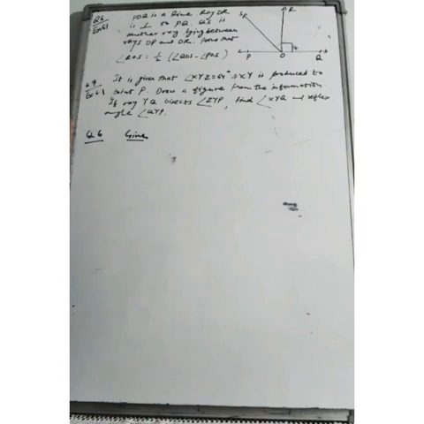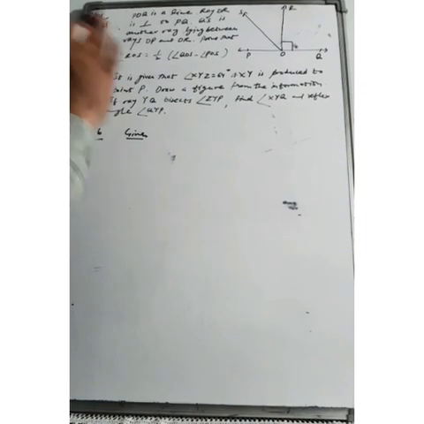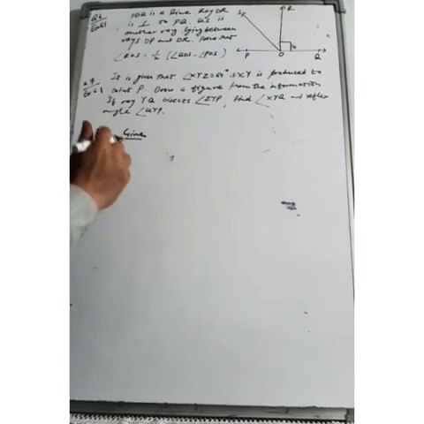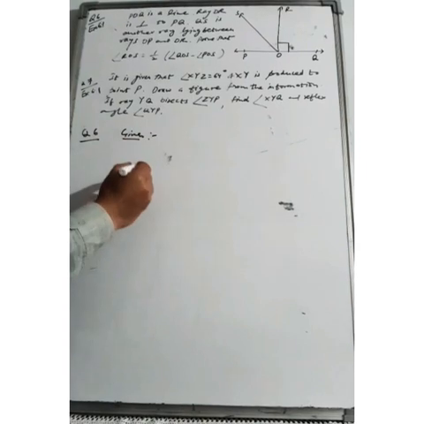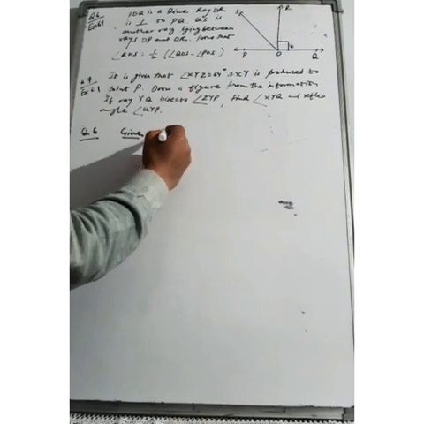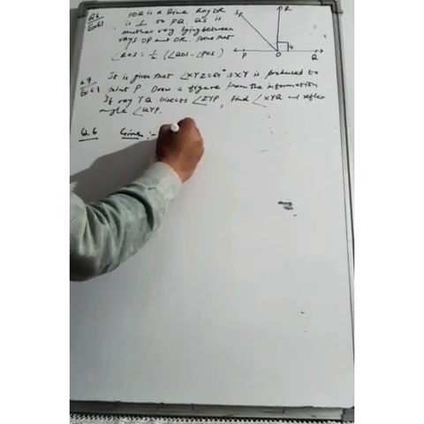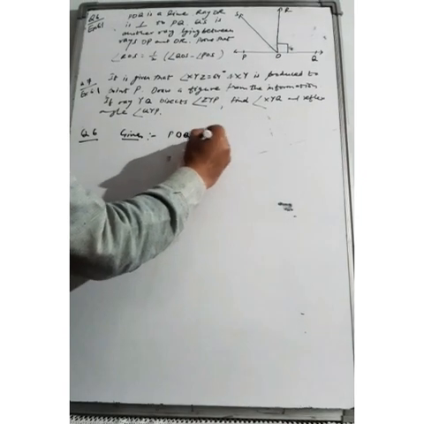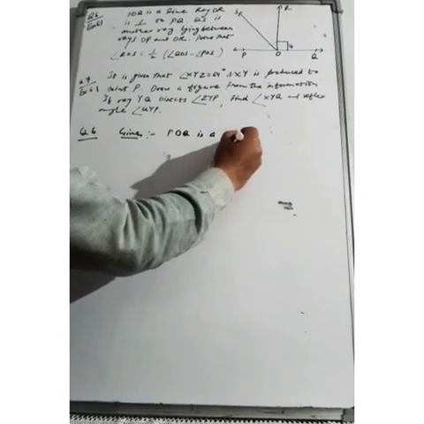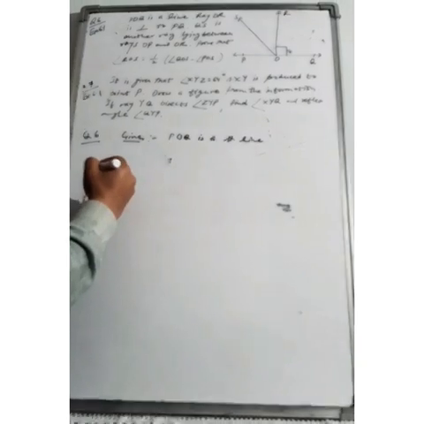So, as I have already told you, in solving geometry problems you need to take care of these two things first. What is given to you? Write down that information. POQ is a straight line, first of all. Then OR is given perpendicular to PQ.